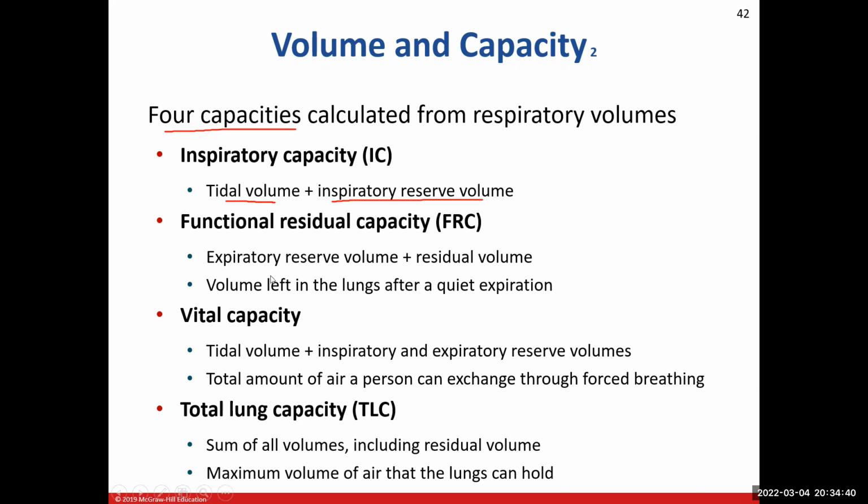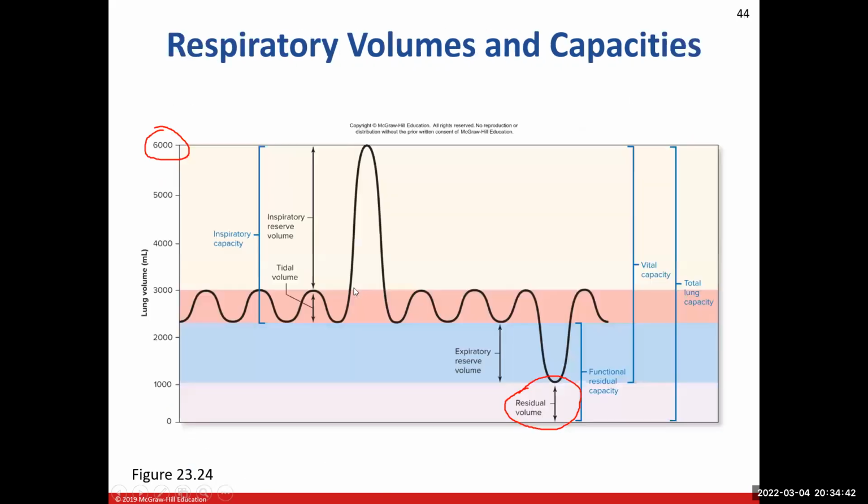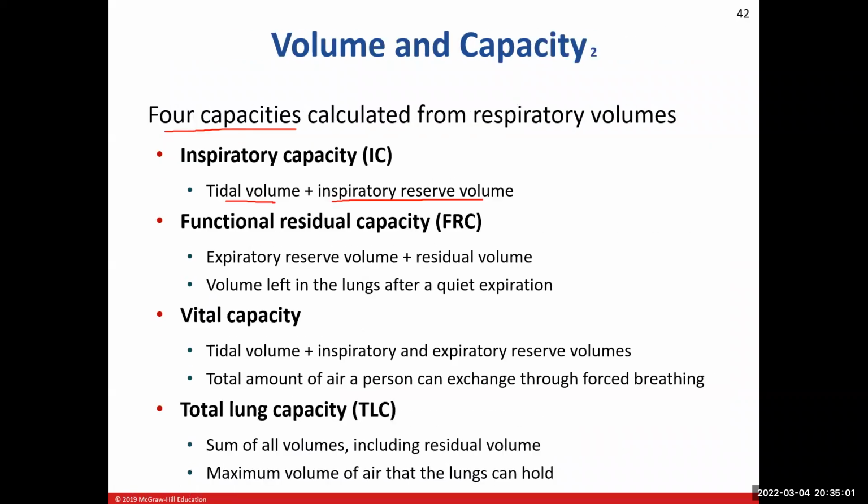So at the end of a breath out, you'll see here, you have your functional residual capacity. You've exhaled, and this is how much is left over. So we'll include the residual volume, and we'll take the expiratory reserve volume.